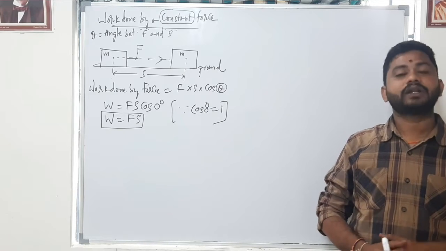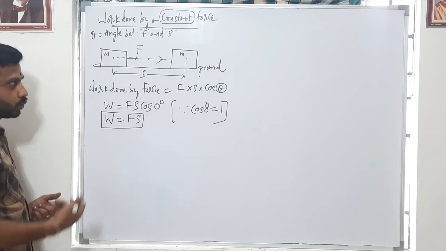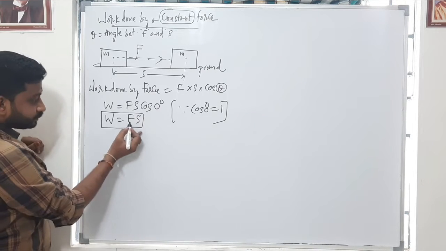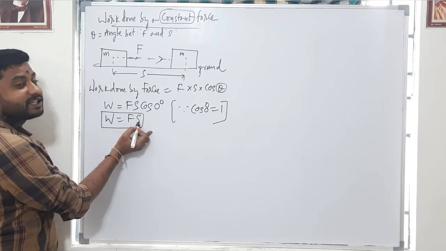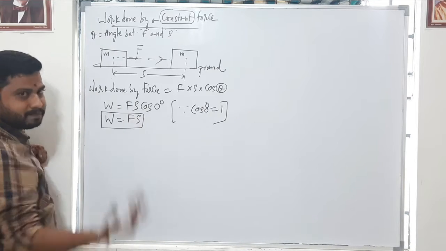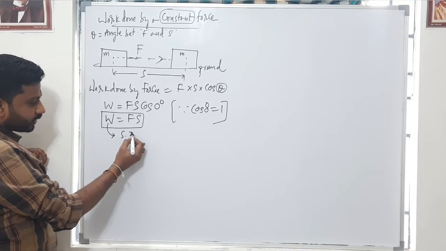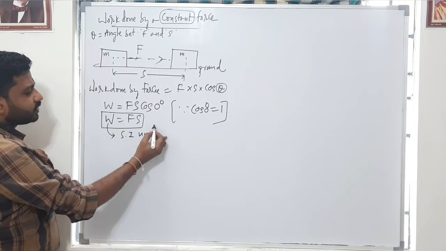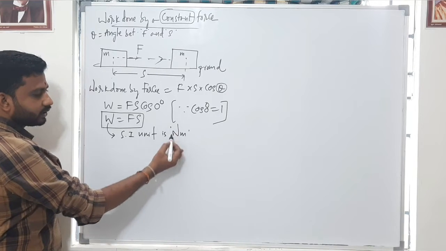Right? Before that, let's see the units of the work done by a force. What is the unit of the work done by a force? Force unit is Newton. S is displacement. Displacement unit is? Meter. So the SI unit of work done is Newton meter.